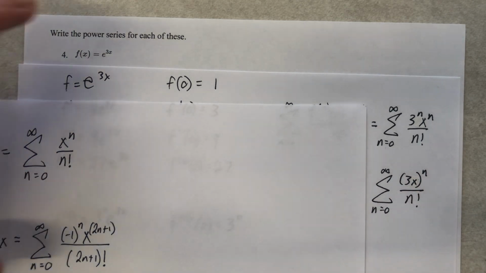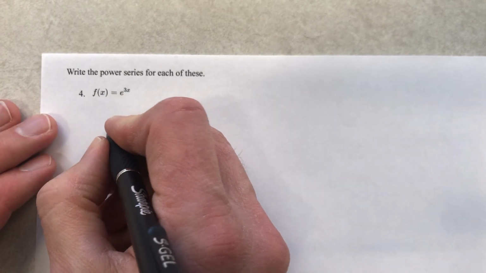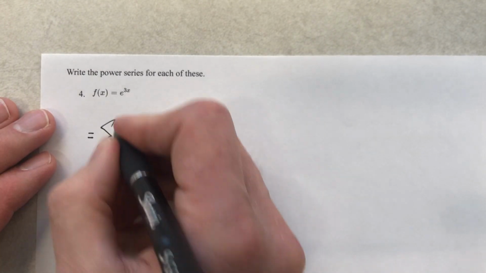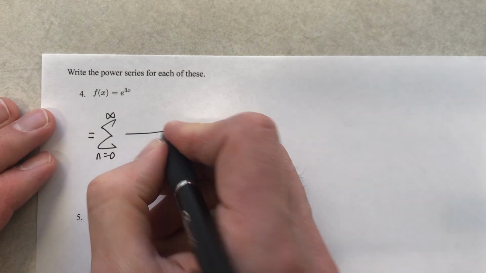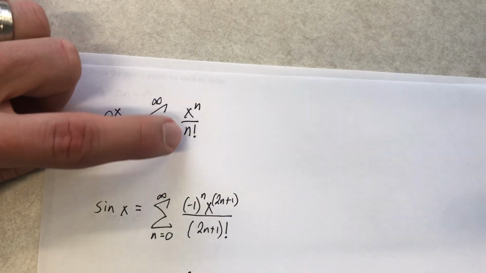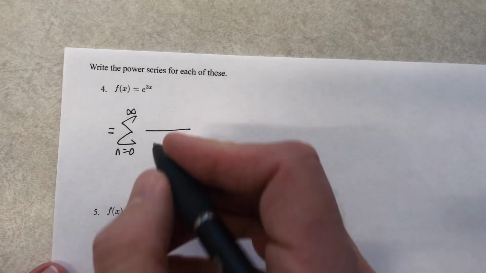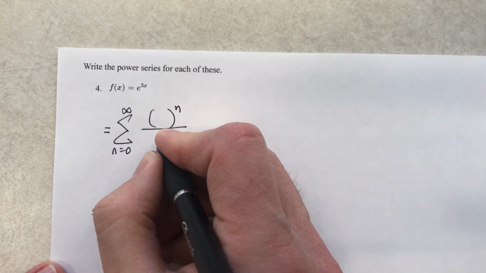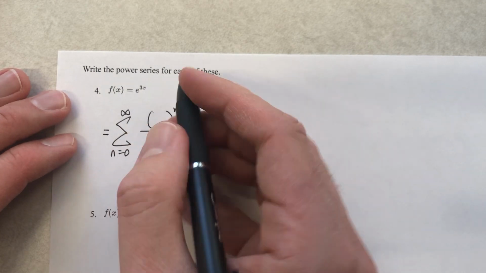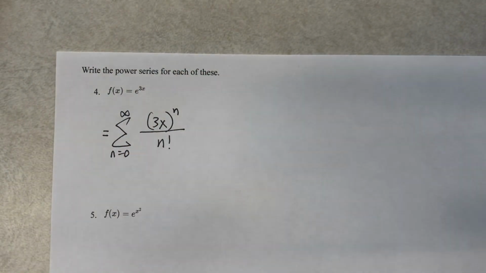This doesn't prove that this is the shortcut, but this is a lovely shortcut. This is from 0 to infinity of, all right, if it was just e to the x, it would be x to the n over n factorial. Sounds good. Well, it's not just x, it's 3x. That's the shortcut.